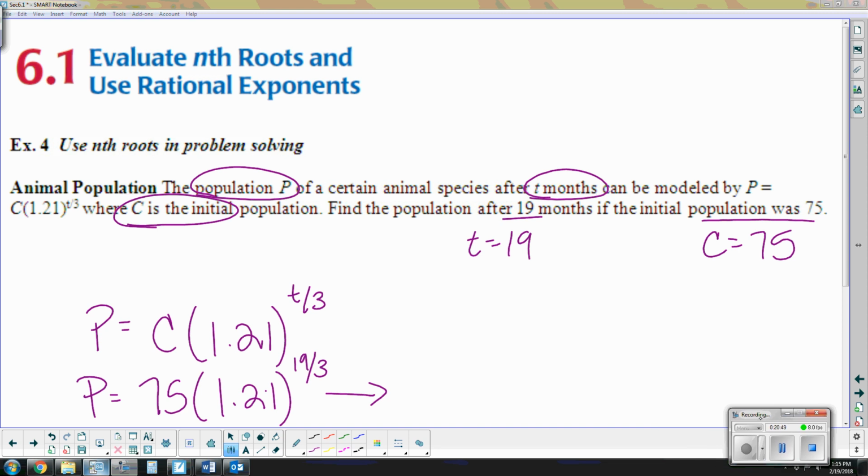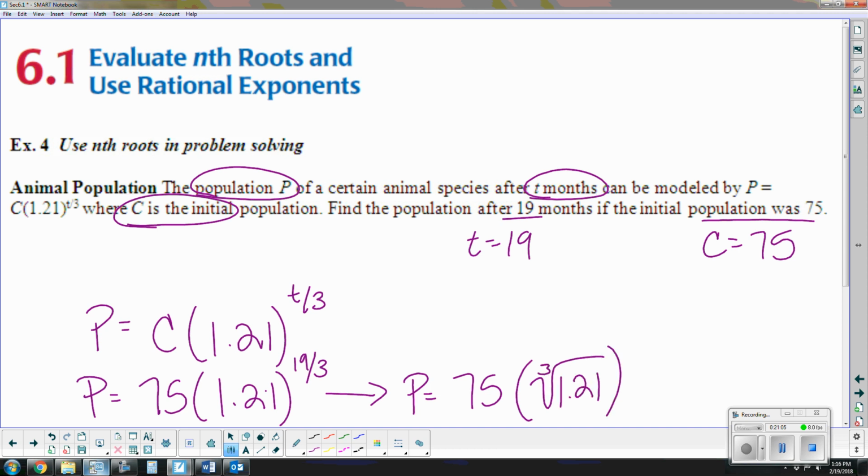So if we think of what this is actually asking, we're saying that P equals 75 times the cubed root of 1.21 to the 19th power. Okay, if you think of what the rules of exponents are, that's what we're looking at. So we have to do our roots first.